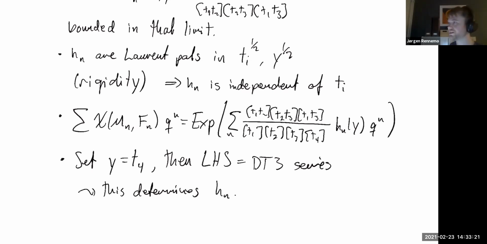It's a kind of funny move, but it works because we know that h_n is a Laurent polynomial, and that's good enough to prove the formula that we wanted, which I won't do. You've seen it many times already, but that's the theorem.